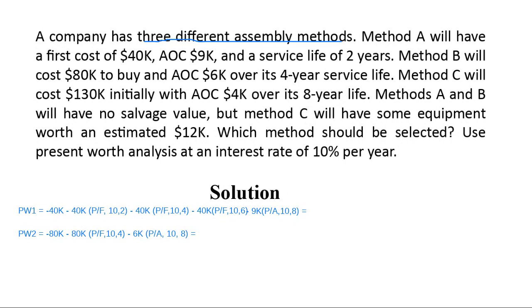And is there a salvage or not for alternative 3? P given F 10%, yes, exactly. So it will be plus the 12,000, which is the salvage, P given F for 10% and 8 years.